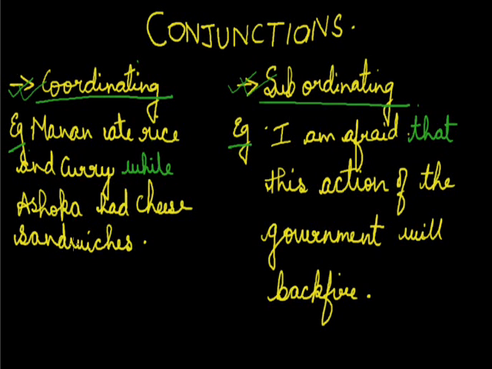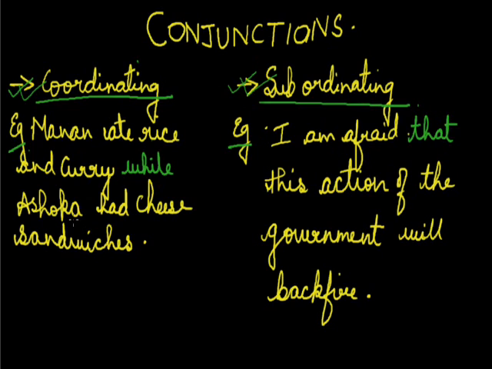So, a conjunction which is used to join two independent sentences, or two sentences of equal rank or importance, is called a coordinating conjunction. Equal importance or rank, like the two sentences which I have taken in the first example. Manan ate rice and curry. If you read that sentence, it is giving a complete sense to you.